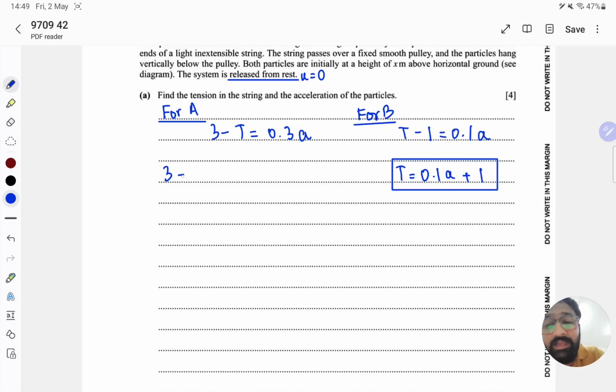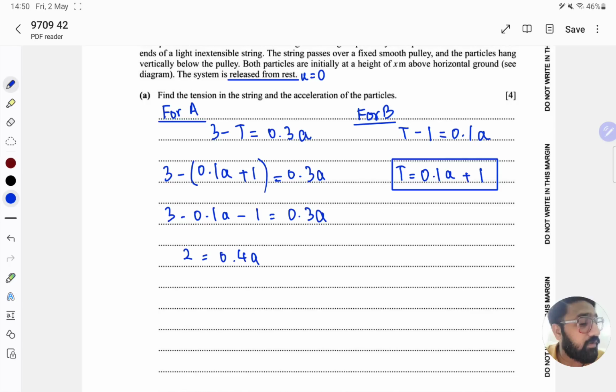So 3 minus bracket 0.1 A plus 1 is equal to 0.3 A. If we expand it, it will be 2 minus 0.1 A is equal to 0.3 A. So it will be 2 is equal to 0.4 A. So the value of A will be 5 meters per second squared.